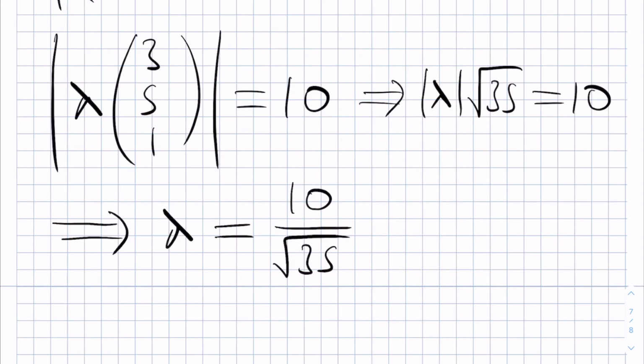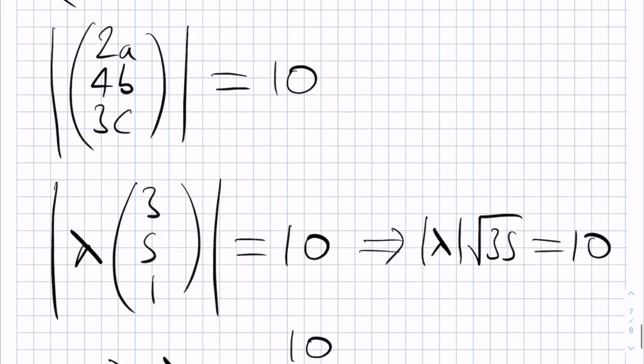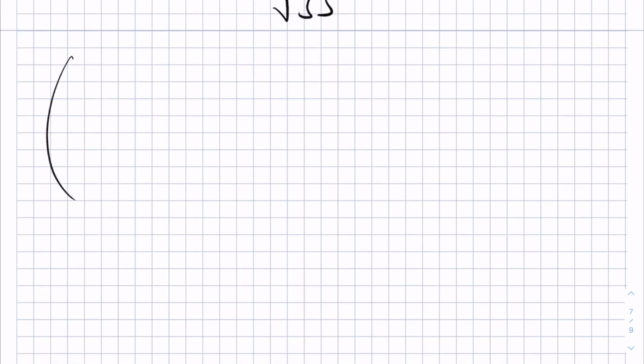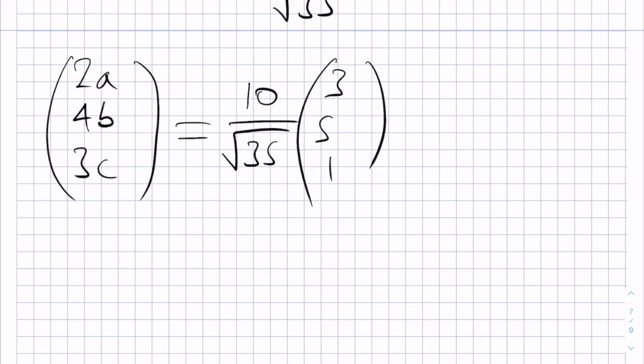Then the real number solution for a, b, and c can be found by putting this value of lambda into here. So we get 2a, 4b, 3c as being equal to 10 over root 35, and then the vector 3, 5, 1.